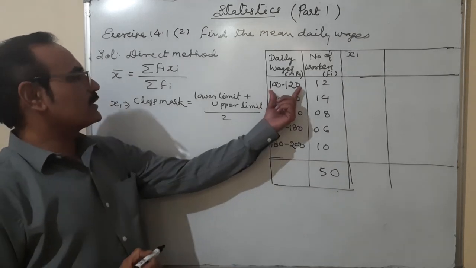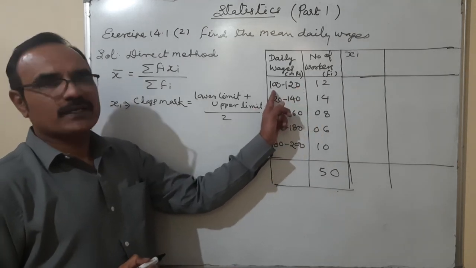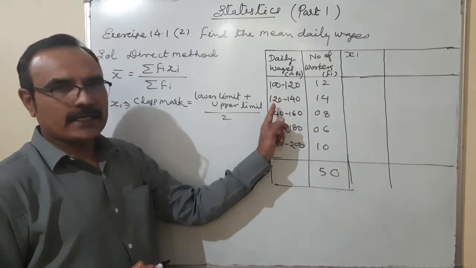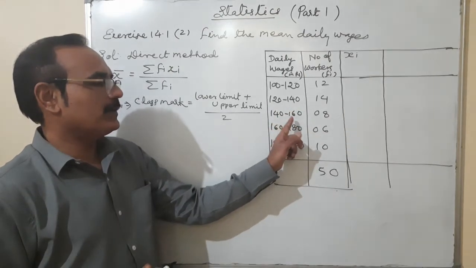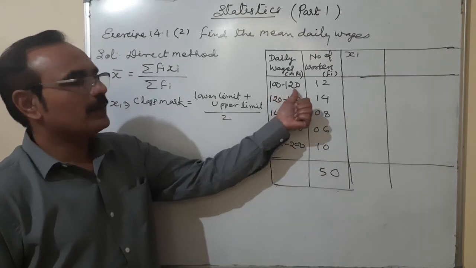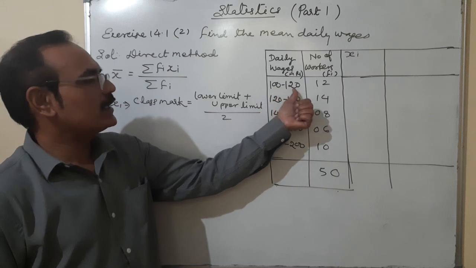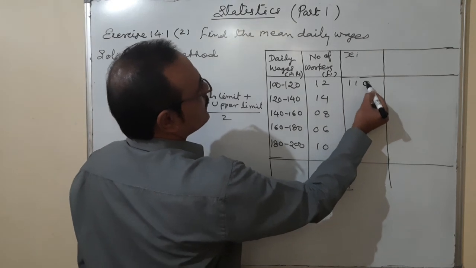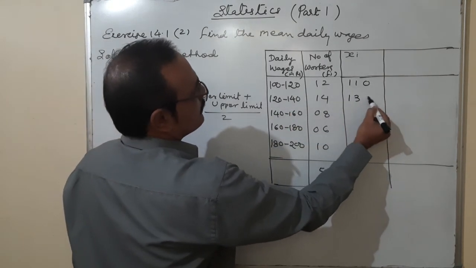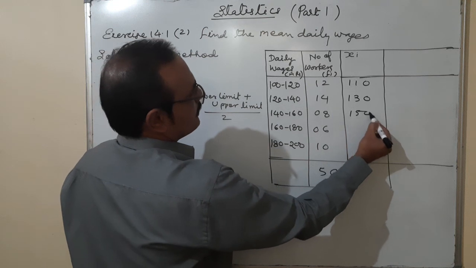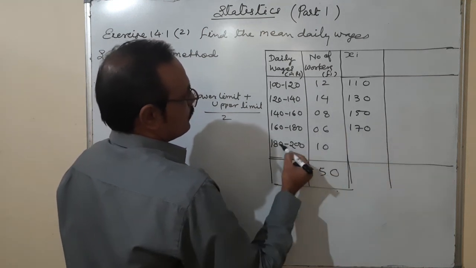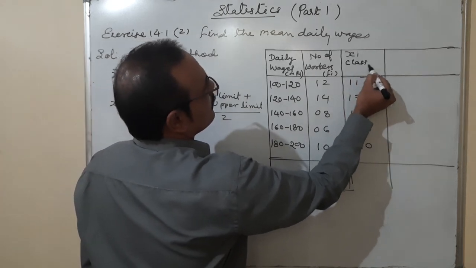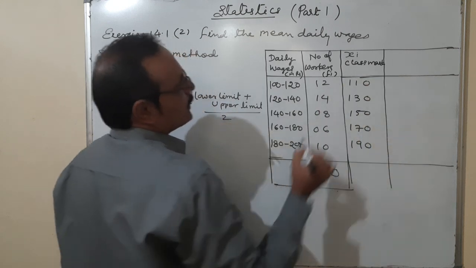In the first class interval, these numbers are the lower limit and upper limit, and similarly for the second class interval. So lower limit plus upper limit divided by 2: 100 plus 120 is 220, divided by 2 is 110. So xi is equal to 110, 130, 150, 170, 190. This is the class mark.